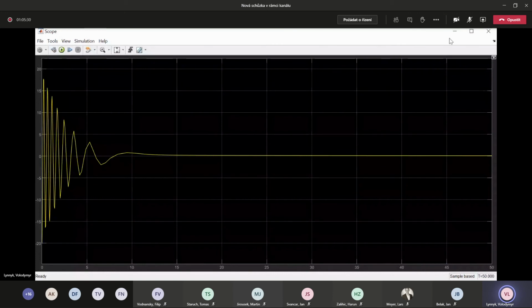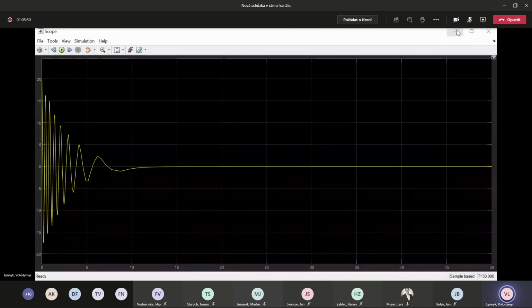And we can try some other initial condition, for example, x1 not equal to minus 20 but only 20, and then run. You see this scope?